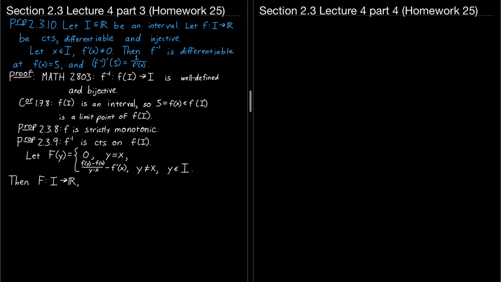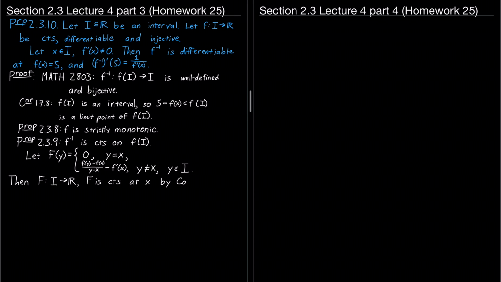Then big F is a function whose domain is all of I, including the real numbers. And big F is continuous at x by the definition of derivative. The limit as y goes to x of big F of y is 0 because your difference quotient is heading towards f prime.